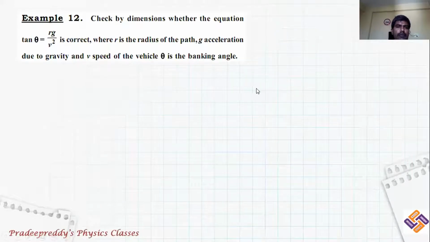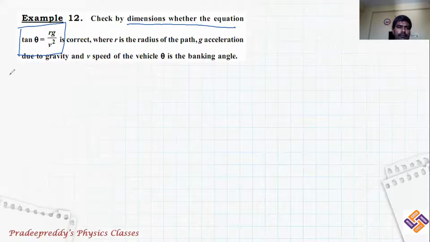See, we have one question given here. Check the dimensions whether the equation tan theta is equal to rg by v square is correct or not. You need to check whether this equation is correct or not. In order to check whether these dimensions are correct, what you need to do? Simply go for the left hand side and right hand side, and write down the dimensions.